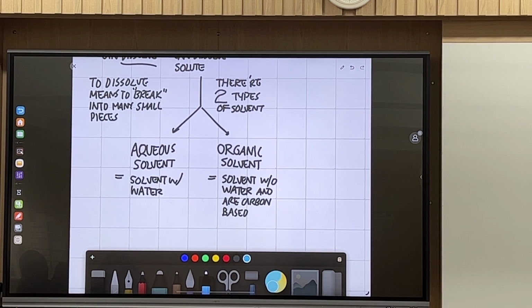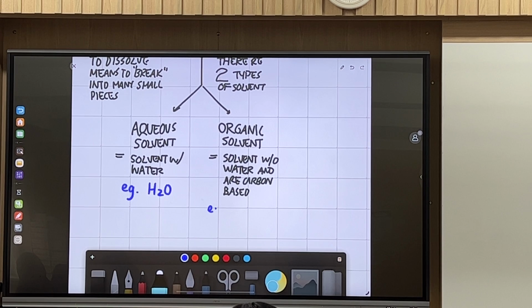So an example of aqueous solvent would be H2O. You know H2O is water, water is a solvent. An organic solvent would be something with carbon, okay? So CHCl3 or CCl4 for that matter. So these things, you see, they have carbon in them. So this is carbon, and this is also carbon.